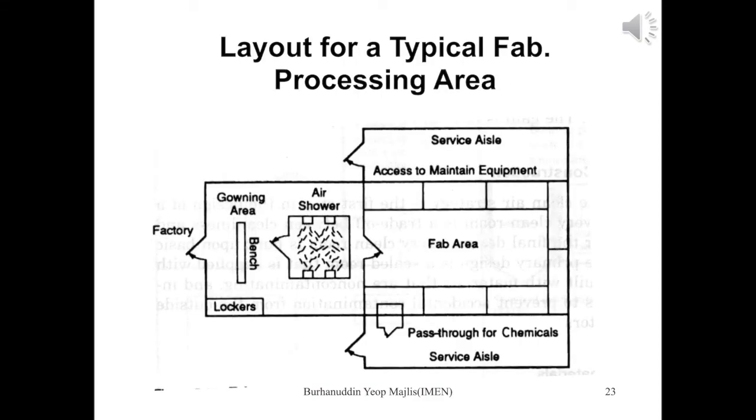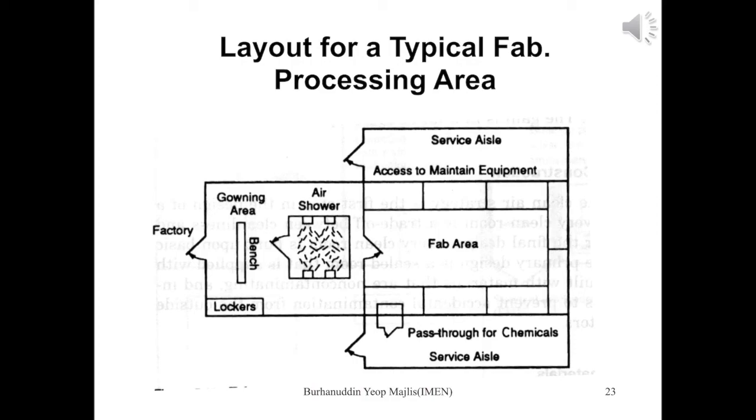Layout for a typical fab or processing area. This slide shows the layout of a clean room. You can see we have a prep area in the middle. Then we have a service area, service aisles, with access to maintain equipment, so the technician can maintain the equipment from outside.